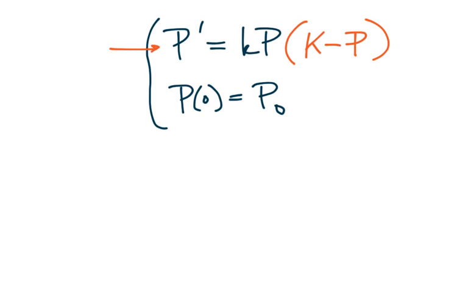And if you want p prime to be going to 0 as p gets really close to k, well, that's saying that as p goes to k, k minus p will go to 0.